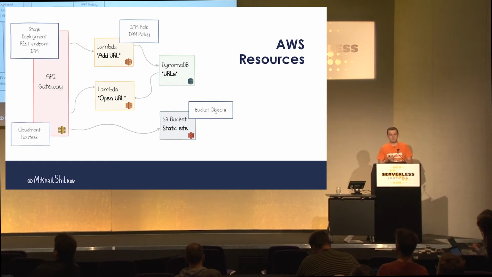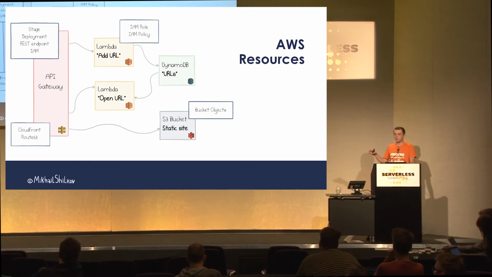So AWS API Gateway needs stages, deployments, endpoints. You have to configure security, IAM roles, policies, maybe networking, maybe some DNS, CDN, and so on. So it's easy to see how you come from 20 lines of JavaScript code to 20 other resources in AWS that you have to provision in order to make this application work.